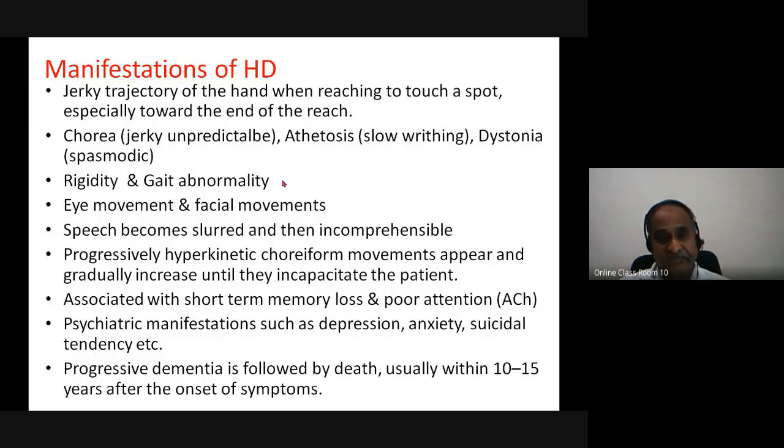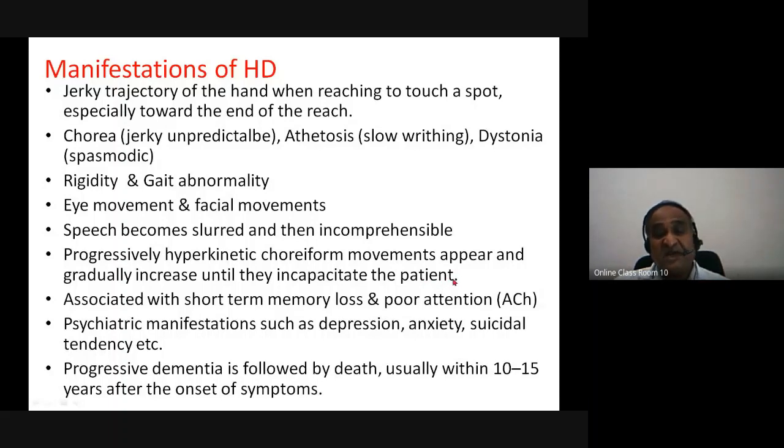Now, because of the jerky motion, the speech becomes slurred and incomprehensible because speech production is altered. As the disease progresses, the hyperkinetic choreiform movements appear and gradually increase until they incapacitate the patient.